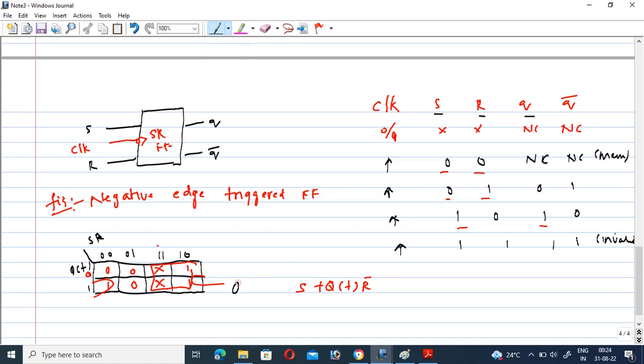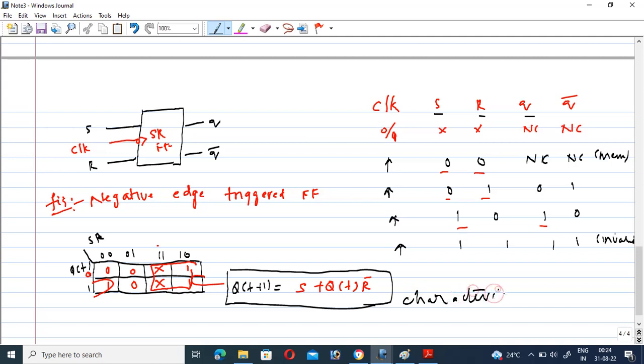This shows Q of t plus 1, that is nothing but the characteristic equation of the SR flip-flop. I hope this video is very clear up to now, right?